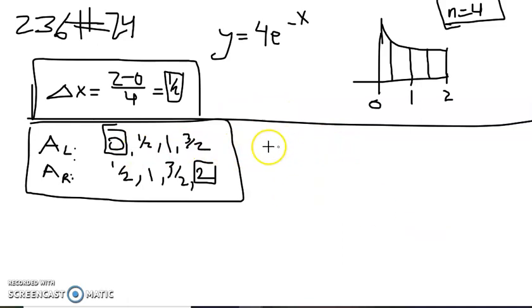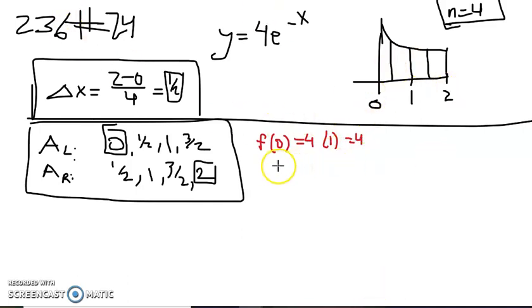Okay, so now let's actually calculate f of 0. Well, f of 0, e to the 0 is 1, so we have 4 times 1, which is 4.